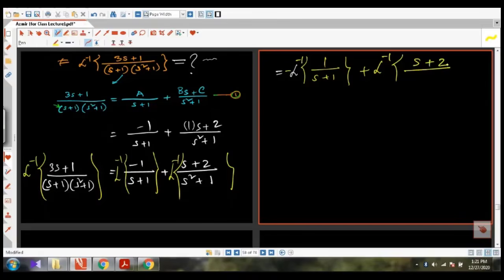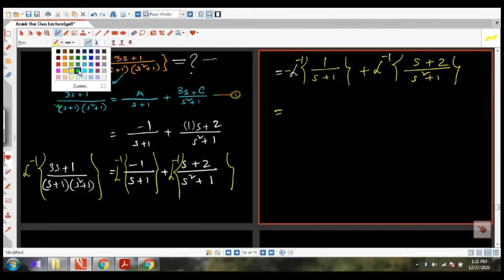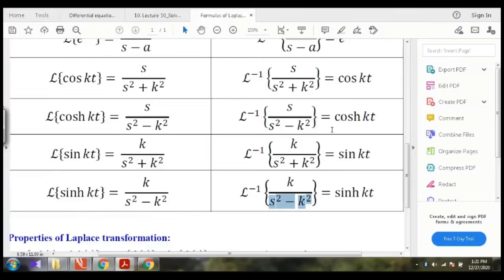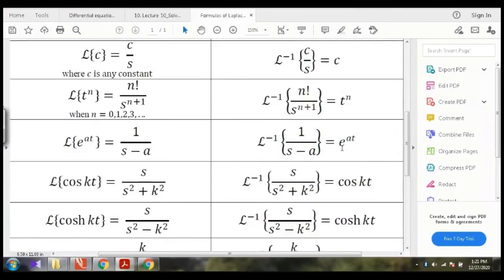I am keeping the same thing because here we have to think about some parts. So let's try to solve this problem. 1 over s plus 1. Try to have a look. Now we are ready to apply the formulas.